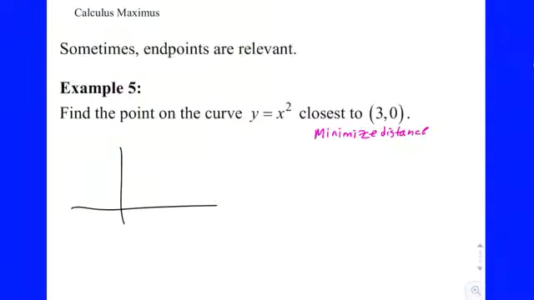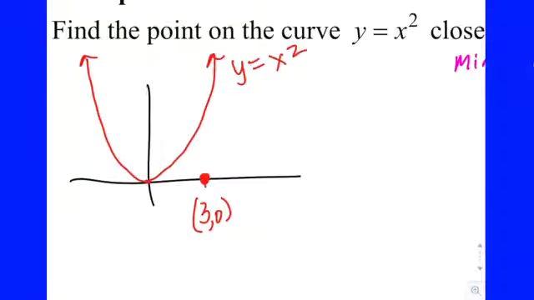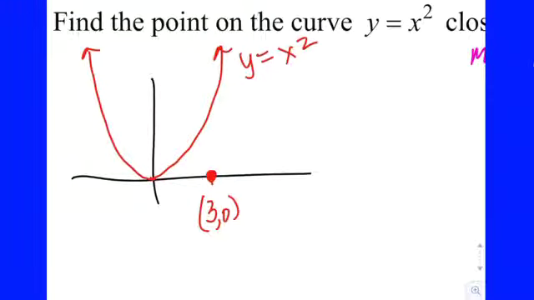Let's go ahead and draw that, the graph of x squared. That looks something like this. I'll label it. I want to find the point on that red graph now that's closest to the point (3, 0), which would be right here. All right, so just kind of look and see what you think might work.